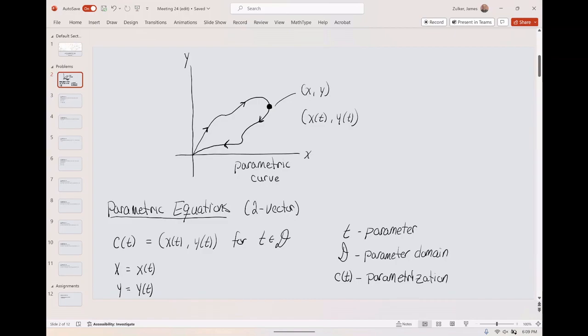You can come up with some really interesting curves with parametric equations.